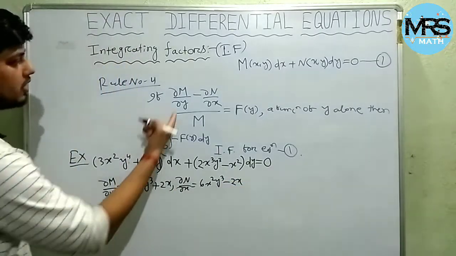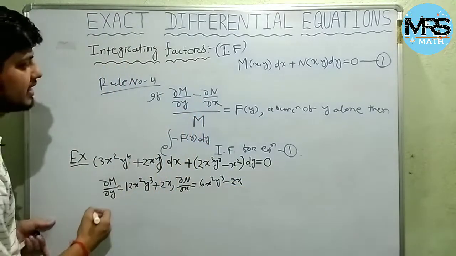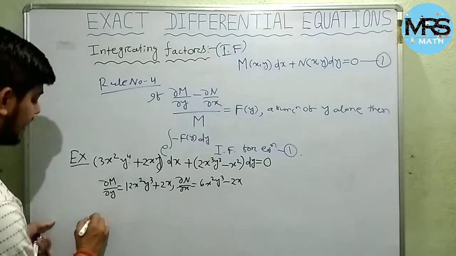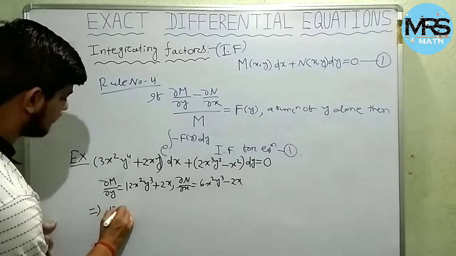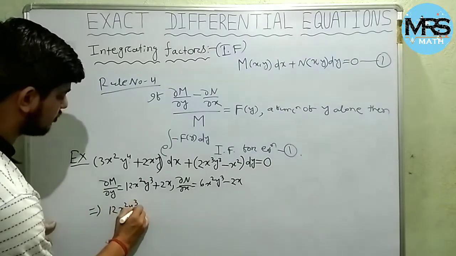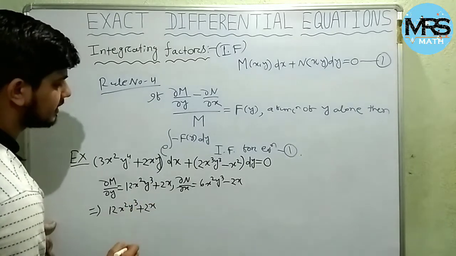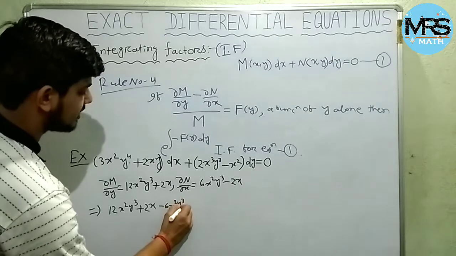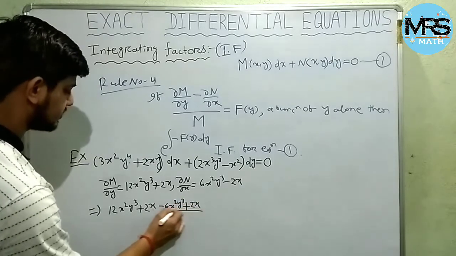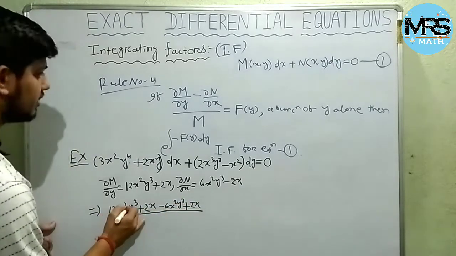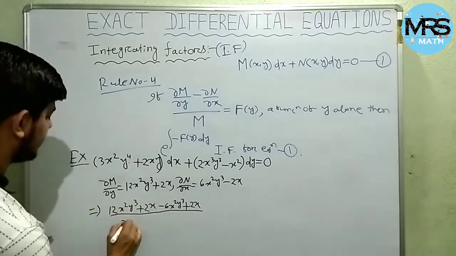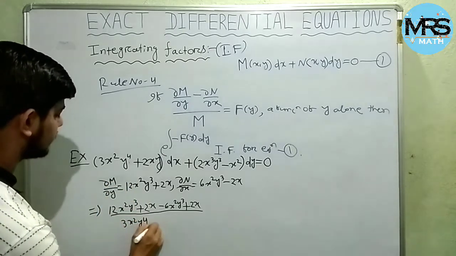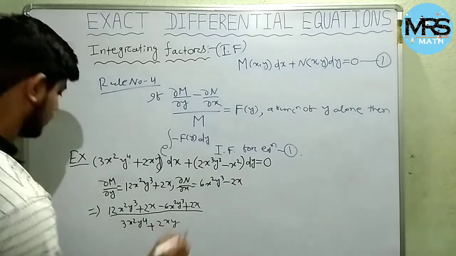Okay, now we will find out what is (del m by del y minus del n by del x) over m, that is (12 x square y cube plus 2x minus 6x square y cube plus 2x) over m, that is 3x square y fourth plus 2xy.